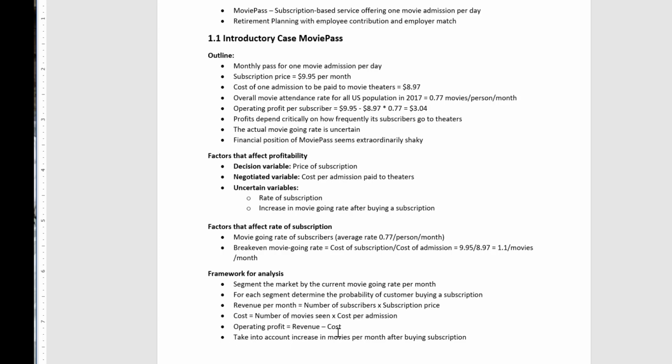And of course, we need to take into account the amount of increase in movie going rate per month after buying a subscription. So this is the general outline. And one major issue here is to accurately model the probability of subscription in each segment. So that will be our next topic.